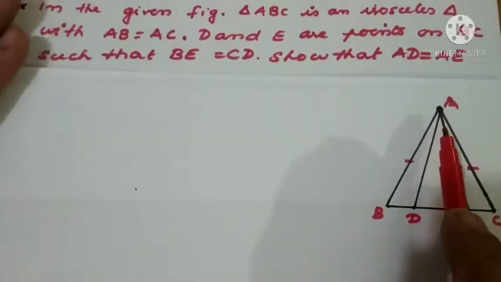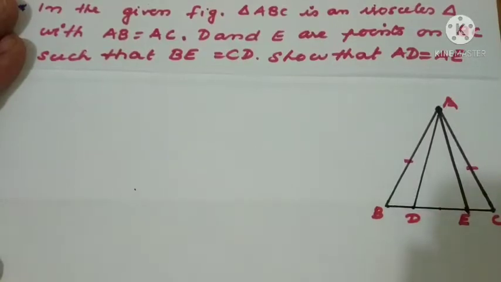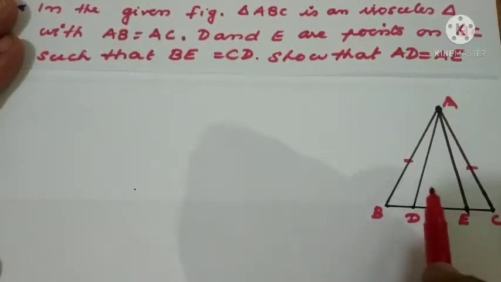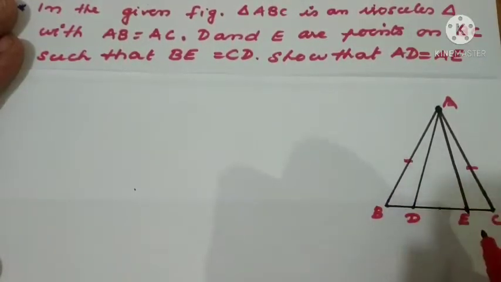Show that AD and AE are equal. So AD and AE being equal means they are sides, and in that way we should choose triangle ABD and triangle AEC, right? When we take triangle ABD and triangle AEC, we have only two equal sides, one is AB and another one is AC.